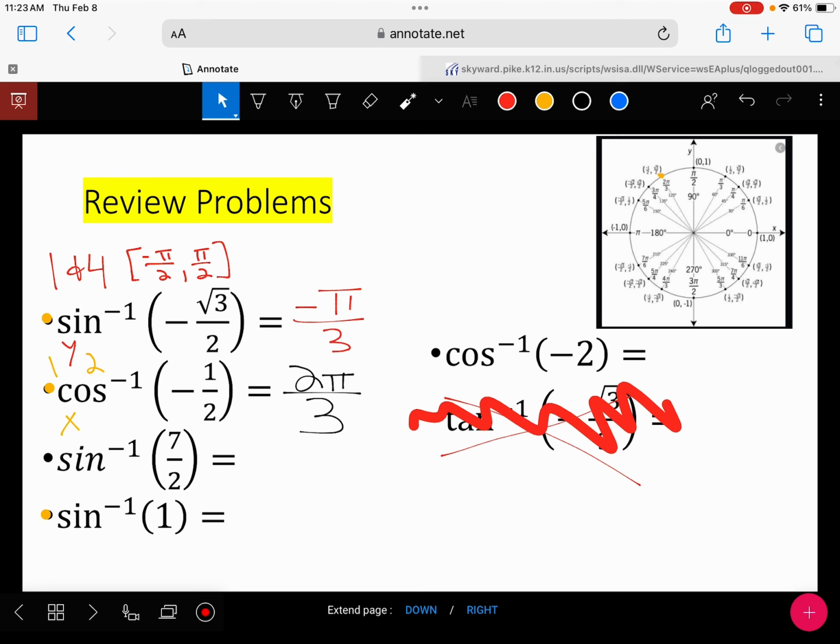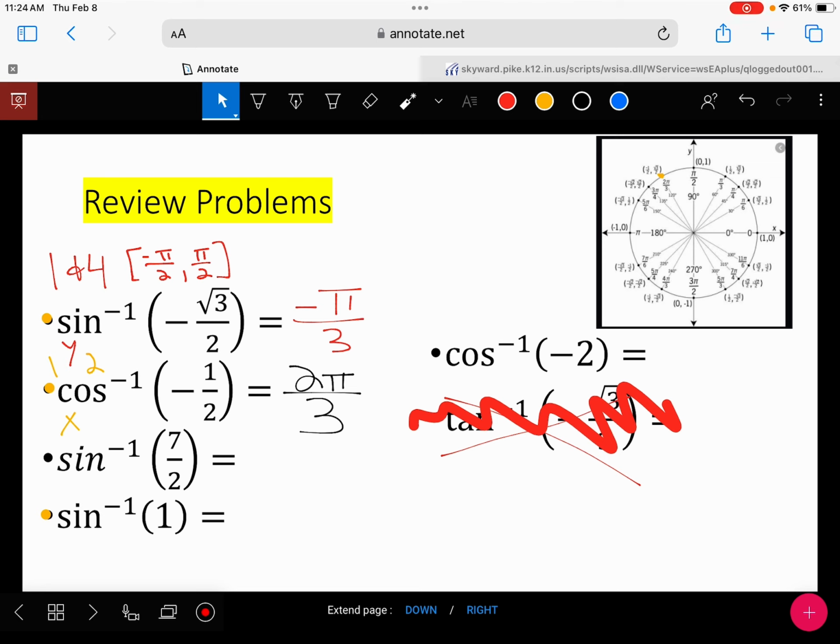So it can't be one of our possible answers. So we had to figure out a coterminal angle that is between our bounds. That coterminal angle, we subtract 2 pi from 5 pi over 3 is one way to think about it. And that gives us negative pi over 3.